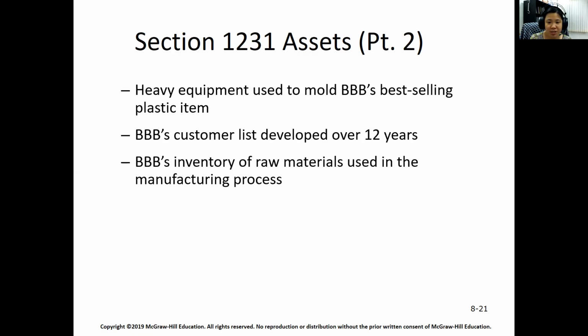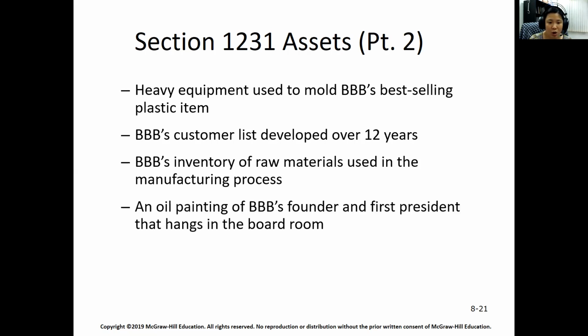Inventory of raw material used in the manufacturing process. This is an ordinary asset, because the definition of capital assets excludes inventory. An oil painting of BBB's founder and first president that hangs in the ballroom.